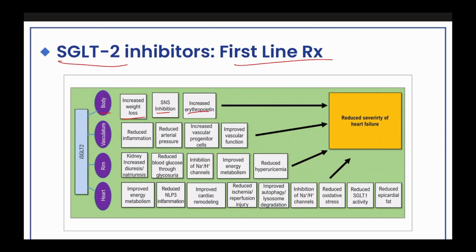So increased erythropoietin helps reduce the severity. The vasculature, these type of drugs reduce inflammation, reduces arterial pressure, eventually getting to improved vascular function, which helps reduce the severity of your heart failure. So they work better.